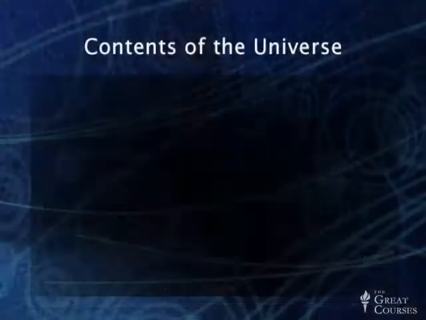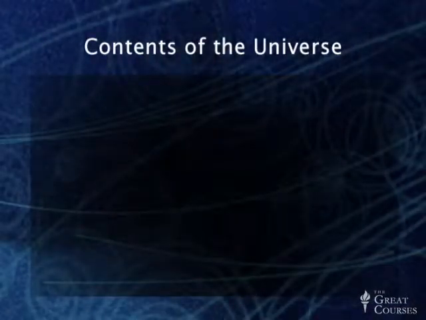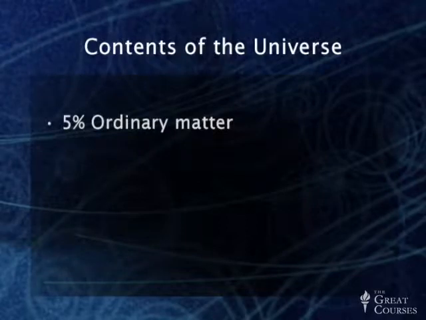In fact, if you want to make a rough inventory of the contents of the universe, no more than 5% of the stuff in the universe is ordinary matter, the stuff that's made of atoms. This no more than 5% includes all the stars, all the planets, all the gas clouds, all of that stuff that we're familiar with. That's less than 5% of the stuff in the universe.